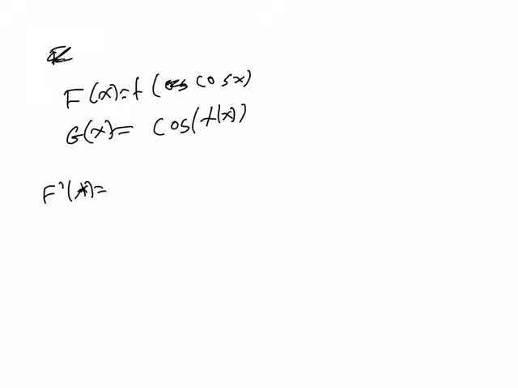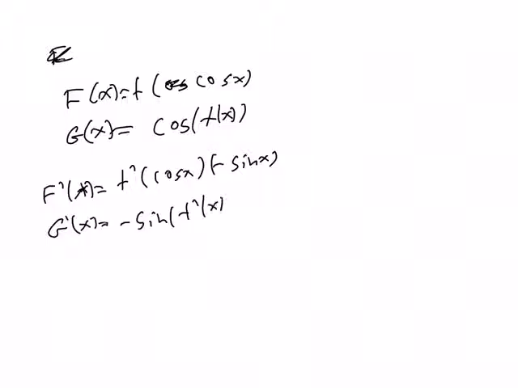So this is going to be f prime of cosine x times negative sine of x, right? And G prime of x is going to be negative sine of f of x times f prime of x.